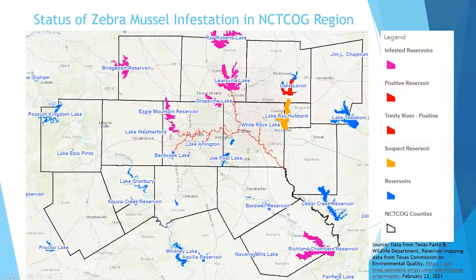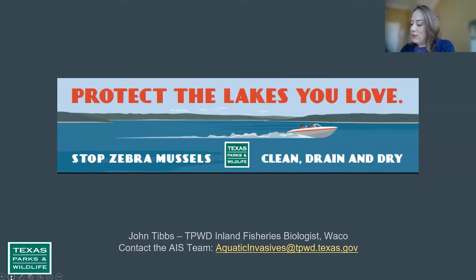Without further ado, let me introduce someone who has much more expertise on zebra mussels than I, Mr. John Tibbs. He is also with the Texas Parks and Wildlife Department and has been the Inland Fisheries District Supervisor in Waco, Texas since 1999.